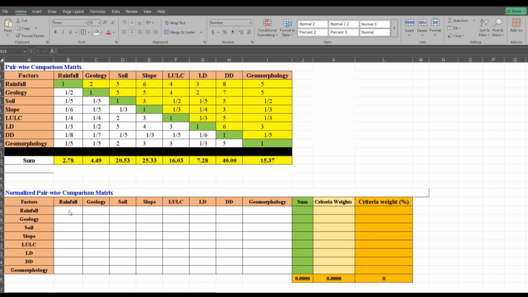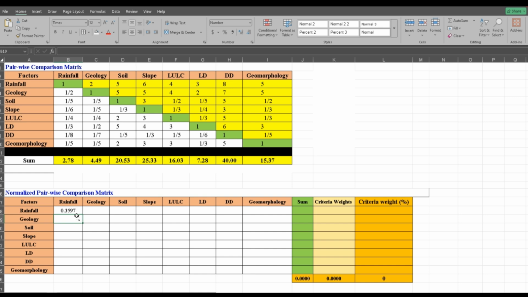Accordingly, the value of this cell is equal to B3 divided by the sum of the rainfall column, which is 2.78. It is equivalent with 0.3597.